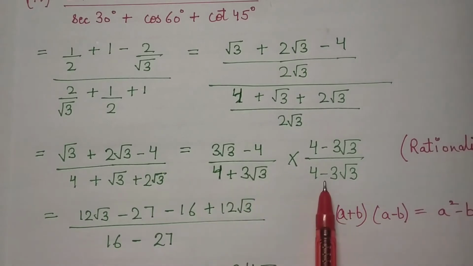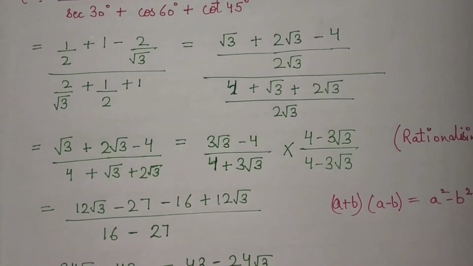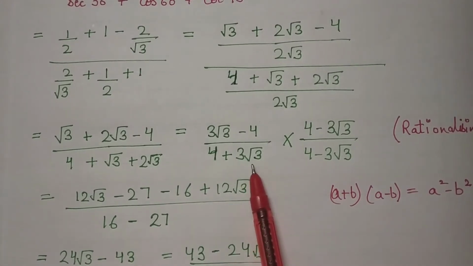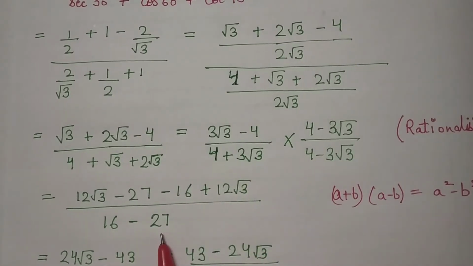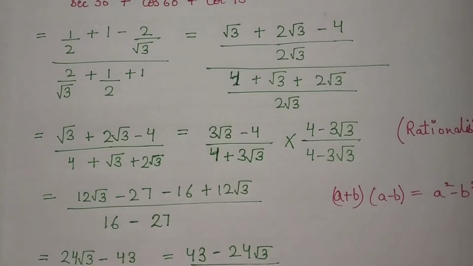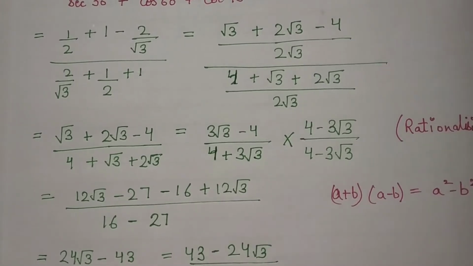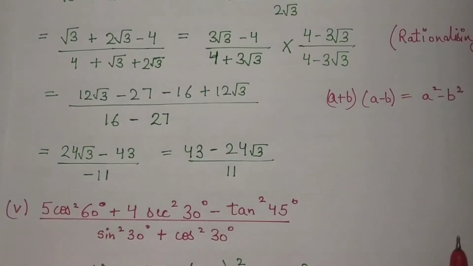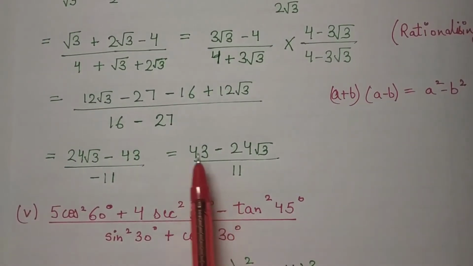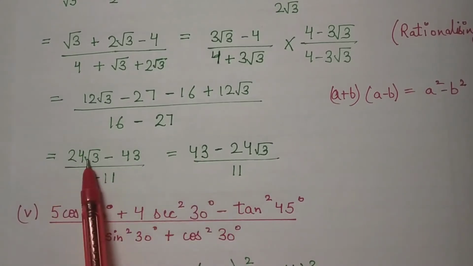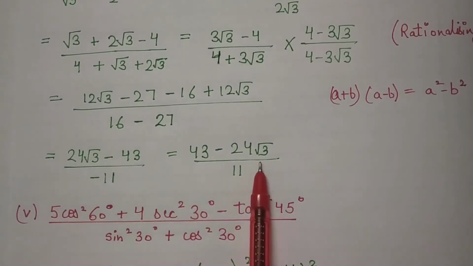Similarly in the denominator we have the formula a square minus b square. 4 square is 16 and 3 root 3 square is 27. Now solving the part, here the minus sign is in the denominator, so I have written like this: 43, the minus sign of 43 becomes plus and the plus sign of 24 root 3 becomes minus.